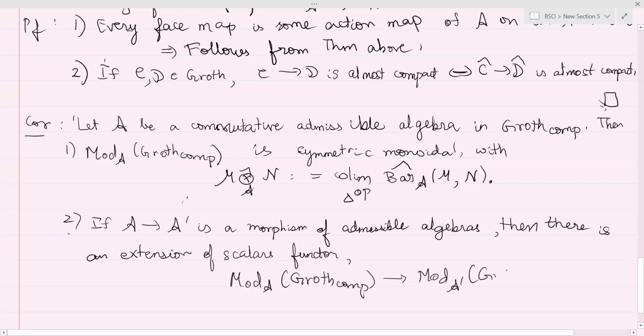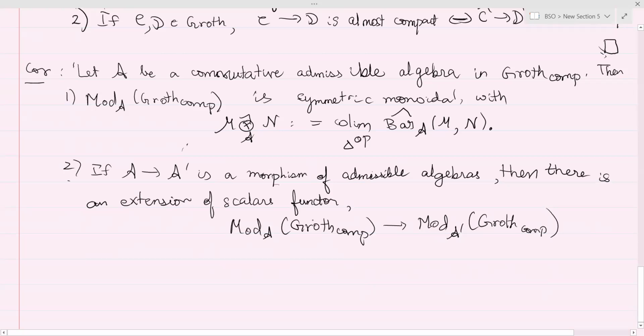It is basically given by taking the relative tensor product with A prime. So M maps to the colimit over delta of the completed bar complex over A with A prime and M.